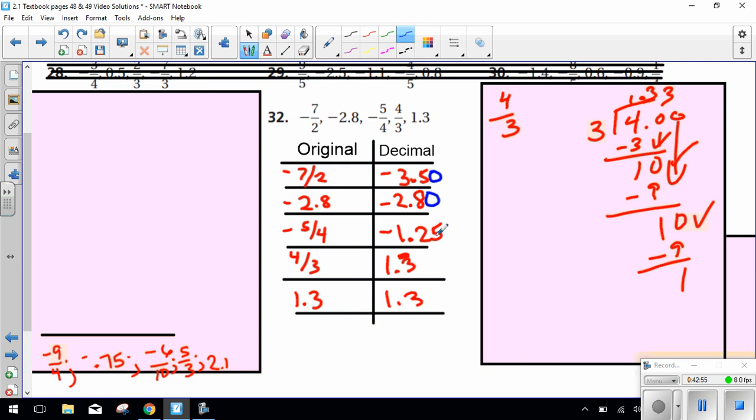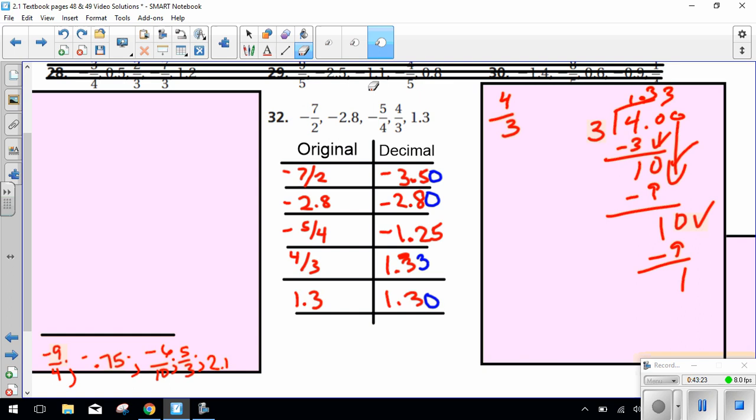That has 2. Do you notice this number has a bar over it? That means the 3 keeps repeating. So the next digit's a 3. Do you notice there's no bar over this 3? That means the next number is a 0. So this is like saying $1.30. This one's like saying $1.33. So hopefully you can see that this guy is bigger than this guy down here.